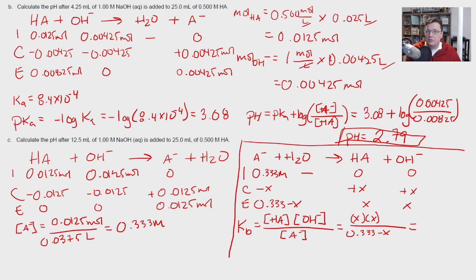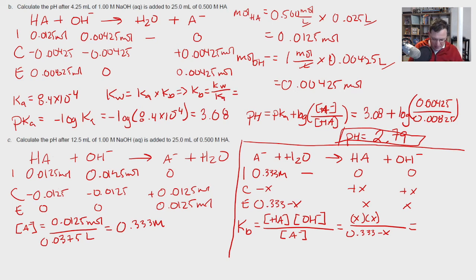Now, we're looking at the Kb. We were given the Ka in the problem. The Ka and the Kb aren't the same. However, we can convert them from one into the other. The relationship between the two of them is Kw is equal to Ka times Kb. And so if we rearrange everything, we get Kb is equal to Kw over Ka.